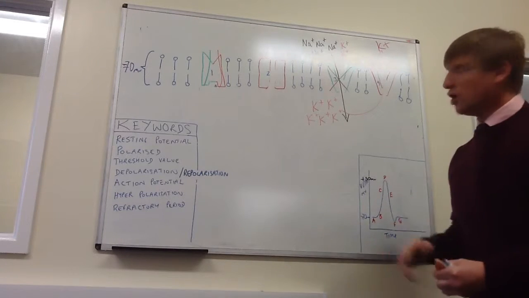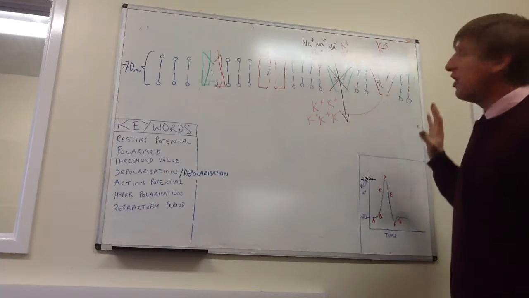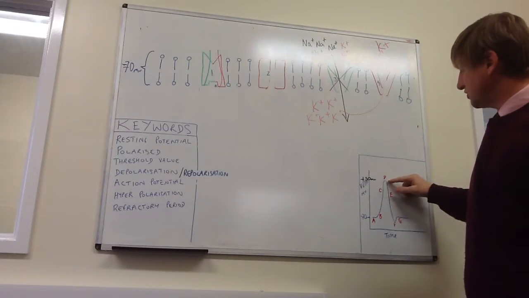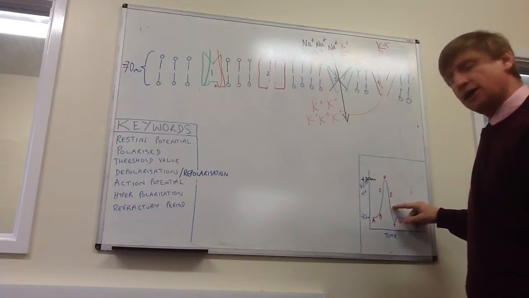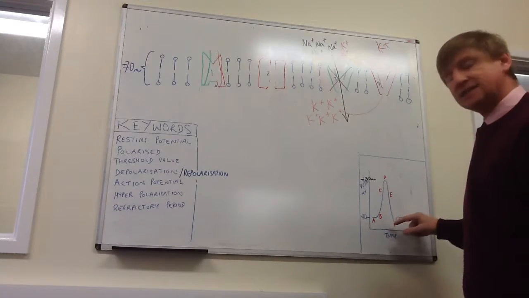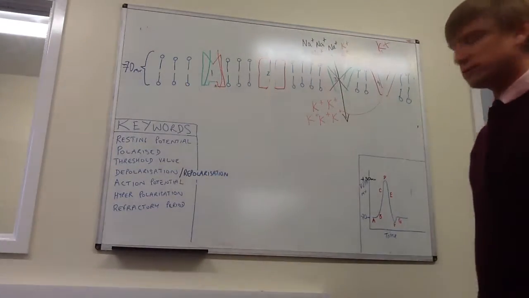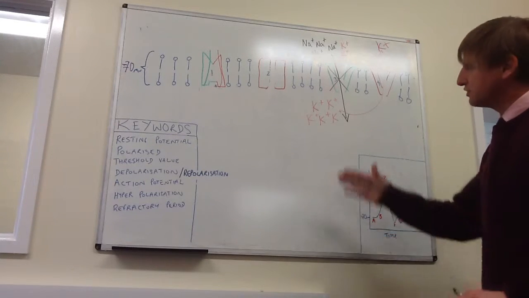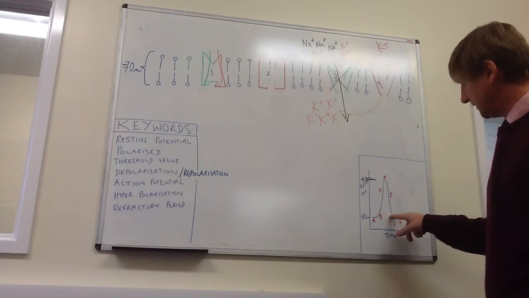And once again, with potassium plus ions flooding out, the inside becomes more negative. So we go from plus 30 to plus 20 to plus 10 to 0 to minus 10, 20, 30, 40, 50, 60. Now, bearing in mind our membrane potential was minus 70 at resting potential, it goes past minus 70.